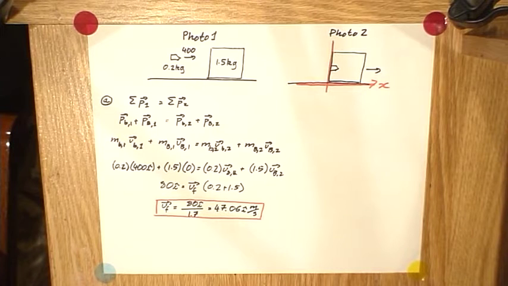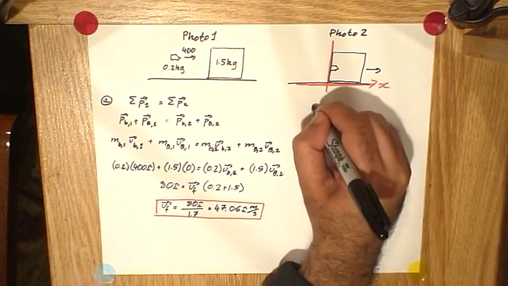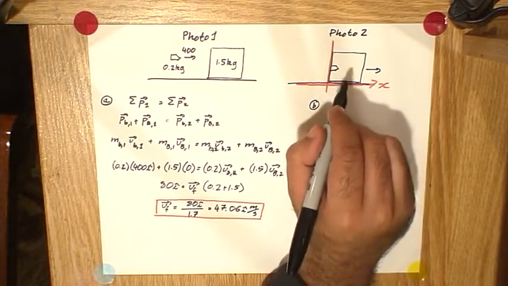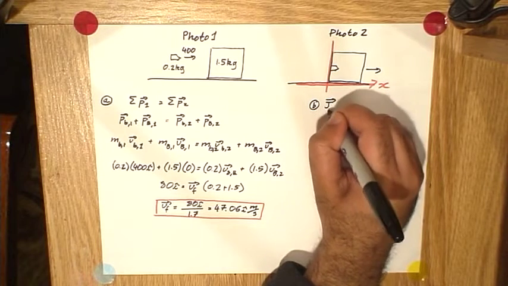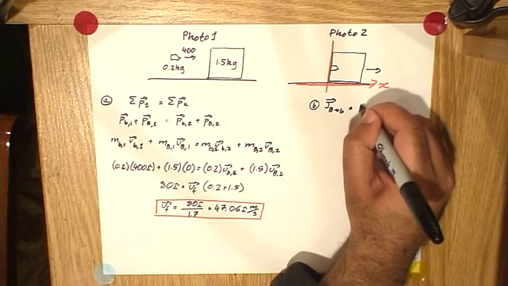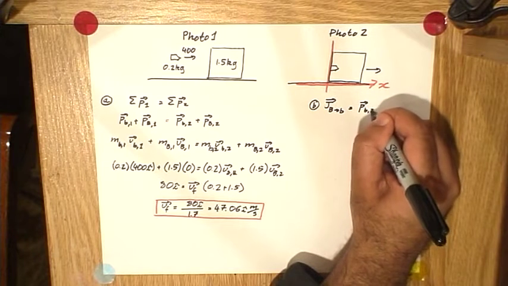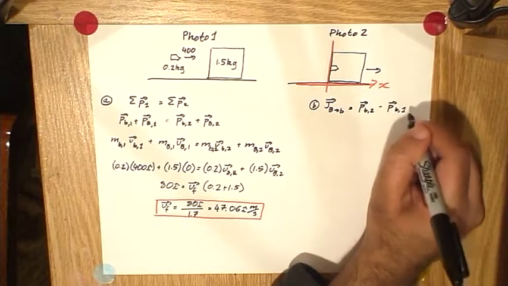So far, so good. Now, let us find out what the impulses are. So part B was asking us to find the impulse of the block on the bullet. So impulse is going to be equal to the momentum of the bullet in photo 2 minus the momentum of the bullet in photo 1.